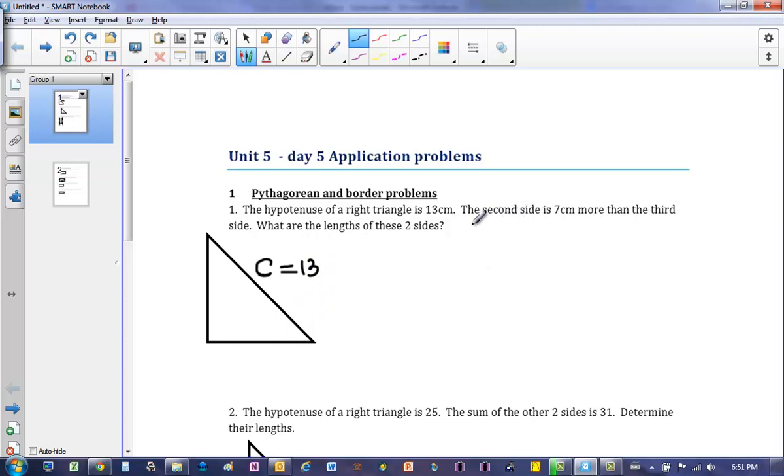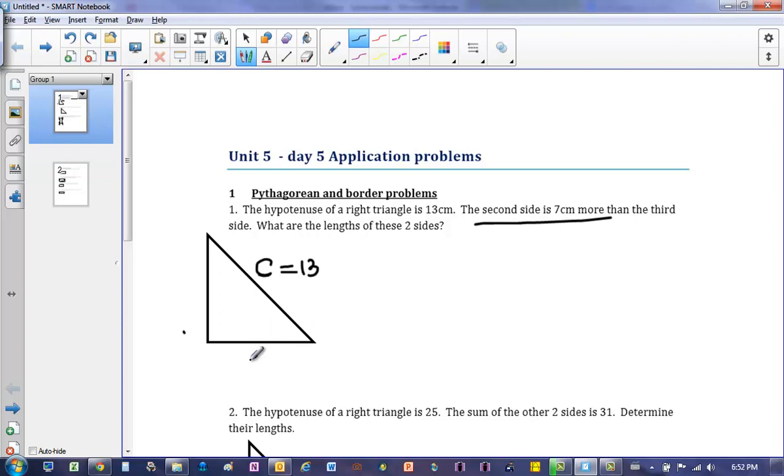One of the sides, let's say the second side, is 7 centimeters more than the third side. So this side is 7 centimeters longer than this one. How would I express that with expressions?